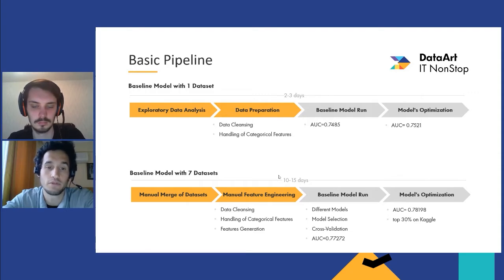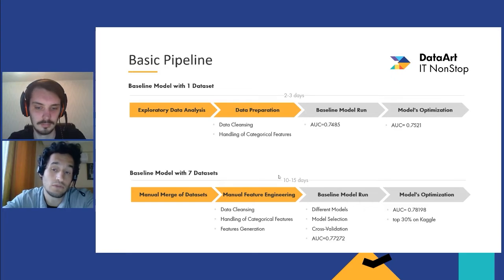We did exploratory data analysis, understood better what's in the data set and what has to be done with it, then some basic data preparation, cleansing of data, handling categorical features, continuous features, so standard stuff. Running the baseline model and optimizing it gave us 75% AUC, which is quite good for only one table, but for sure it's not enough to impress.